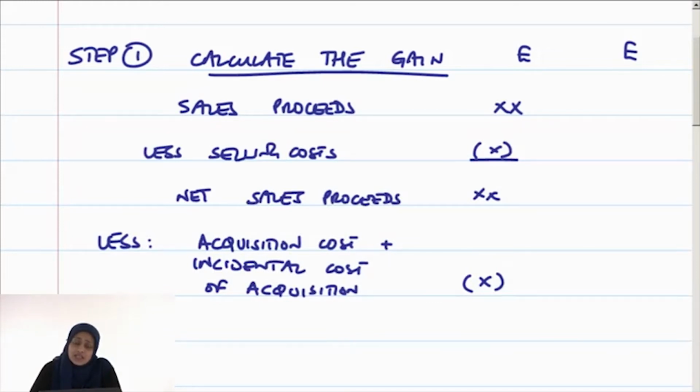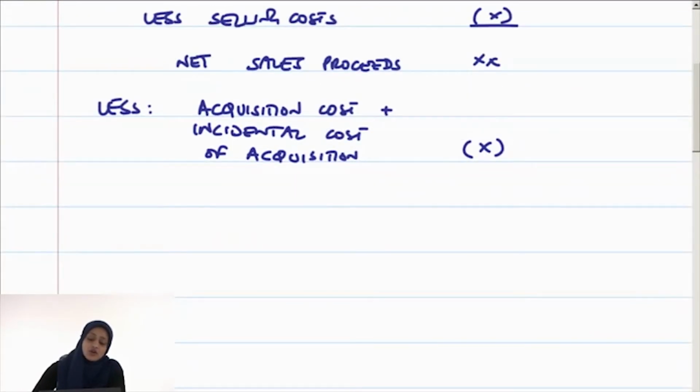Once we deduct the selling costs, we then get the net sales proceeds. From the net sales proceeds, we deduct allowable expenses. The first allowable expense we have is acquisition cost and any incidental cost of acquisition. Acquisition cost is the cost of buying the asset, and incidental costs of acquisition are costs that are incurred when we buy the asset, for instance, legal and professional fees.